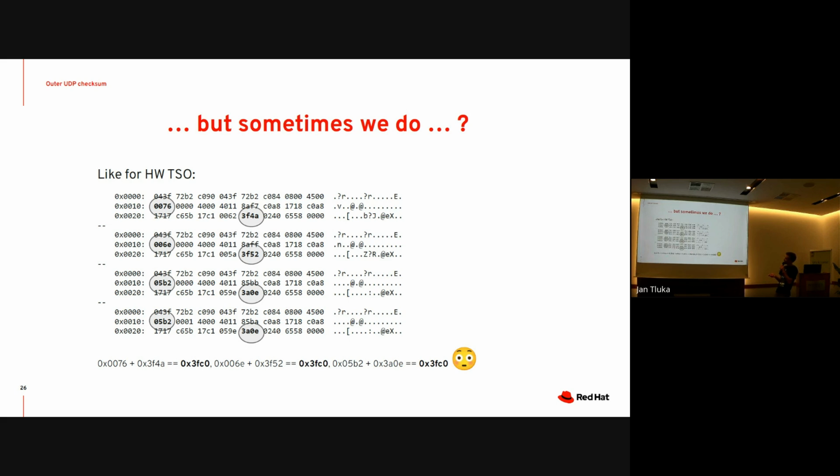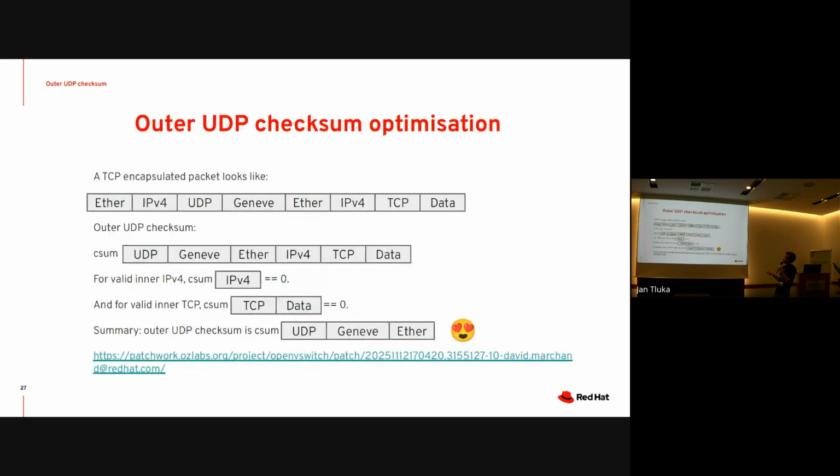So everything was actually the same. If you had a longer packet, your checksum would just decrease in the opposite order. So why is it the case? Well, if you look at an encapsulated packet, your initial packet is here, the inner part, and you put a UDP Geneve header. So you want to checksum the UDP payload.